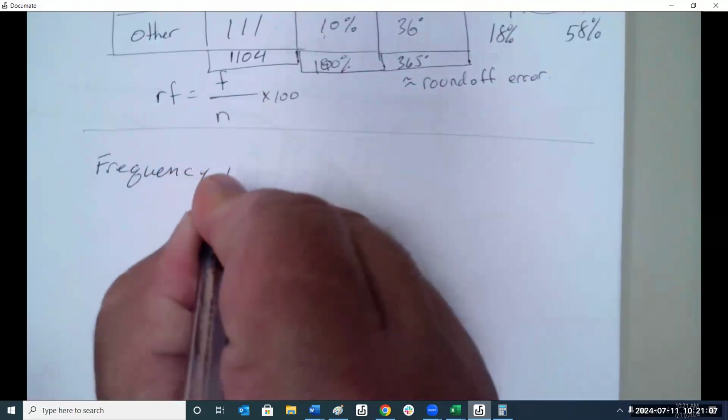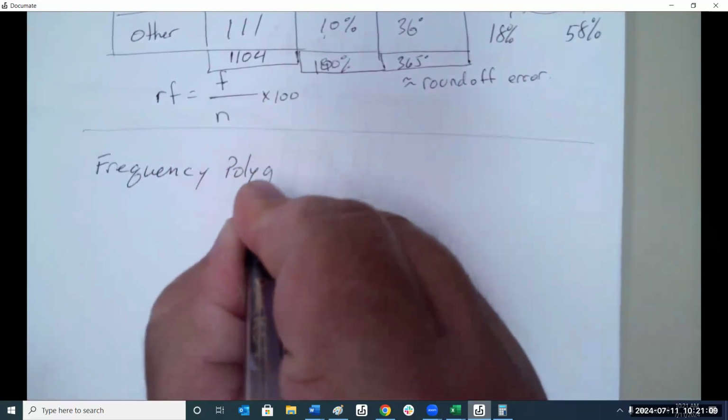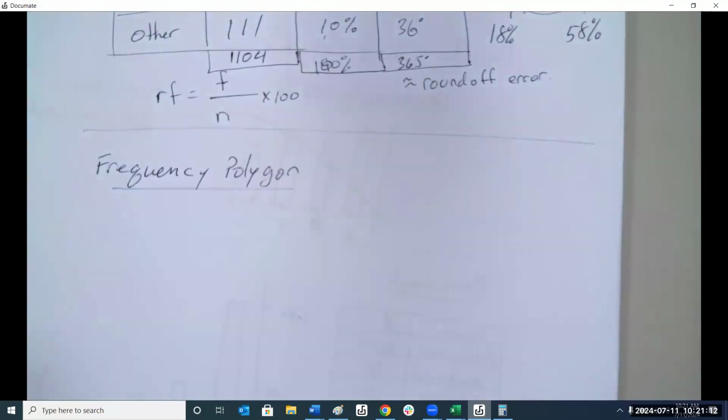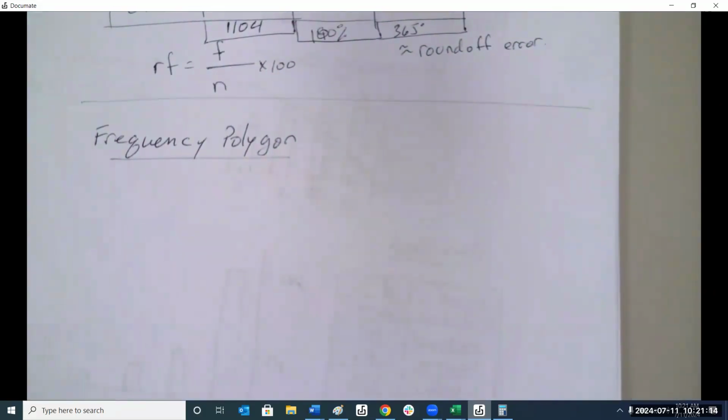The next one is the frequency polygon. We've done this one already.